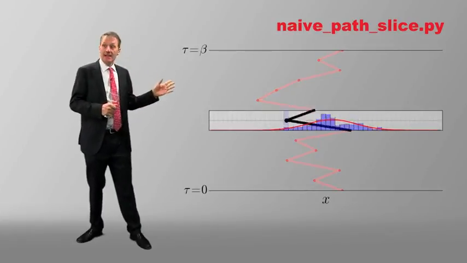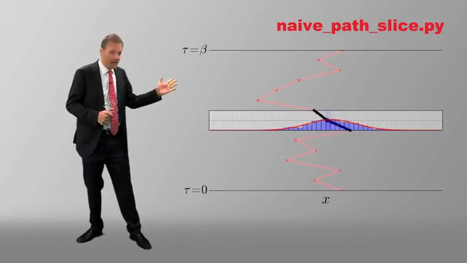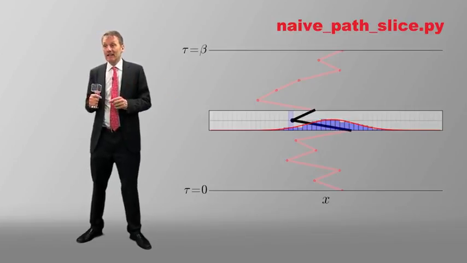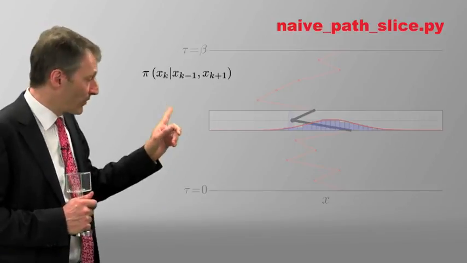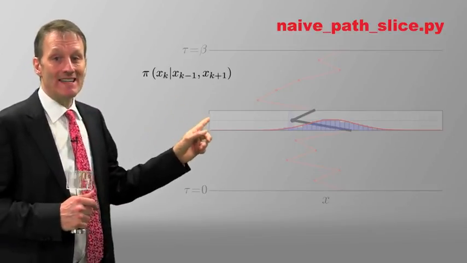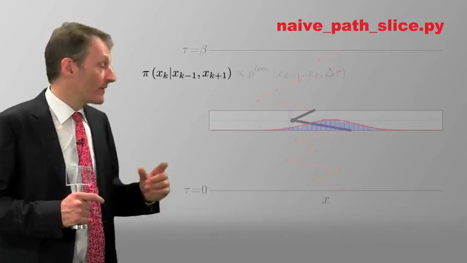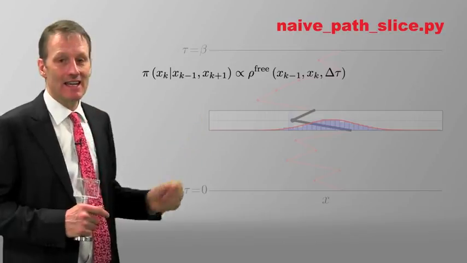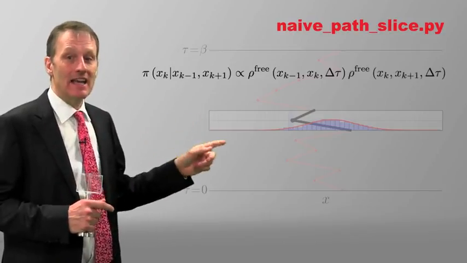And here is the histogram of the positions of xk. It looks like a Gaussian. And in fact, it is a Gaussian, because the probability pi of xk is put together from the density matrix rho free between xk minus 1 and xk, and rho free between xk and xk plus 1.